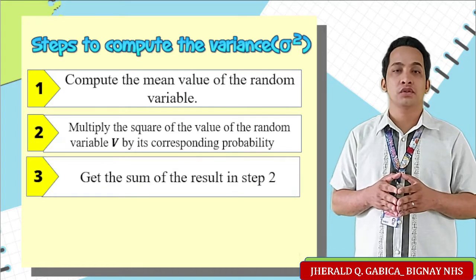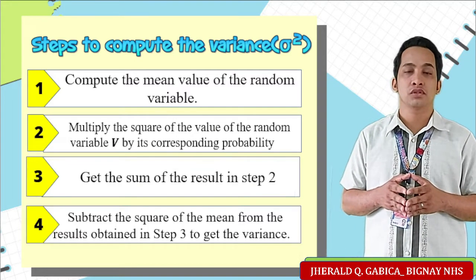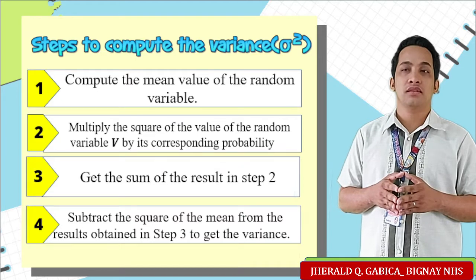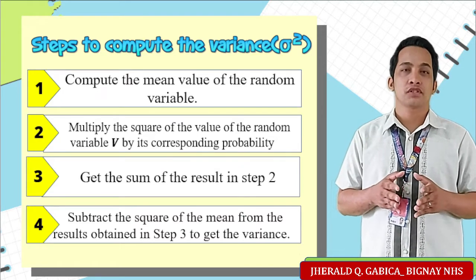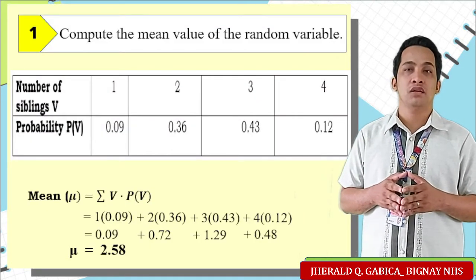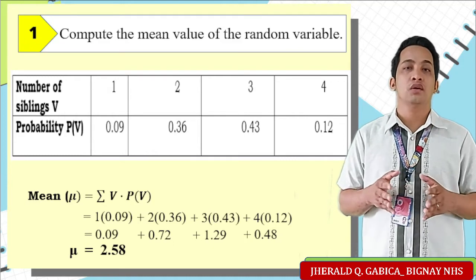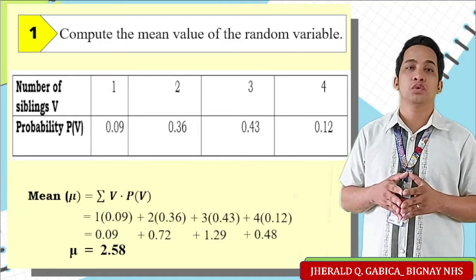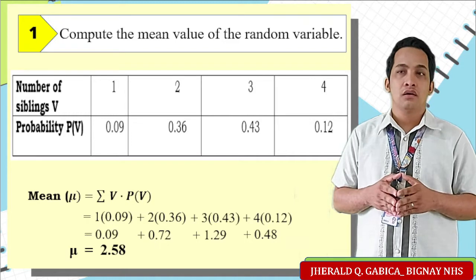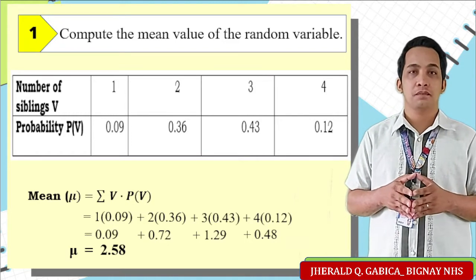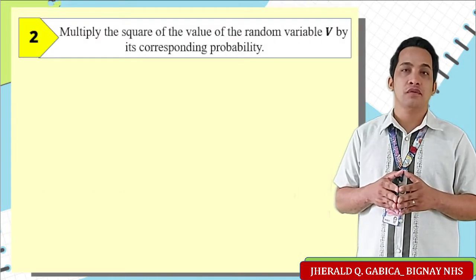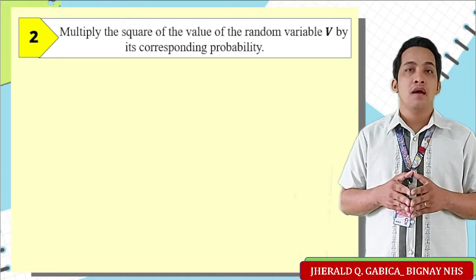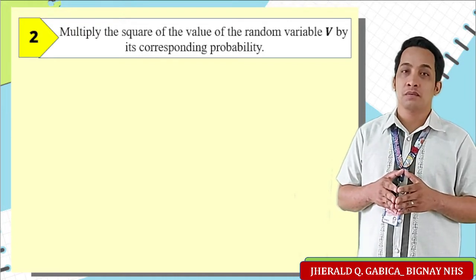And step 4 is subtract the square of the mean from the results obtained in step 3 to get the variance. So for step number 1, we compute the mean value of the random variable. A while ago, our mean value is equal to 2.58.